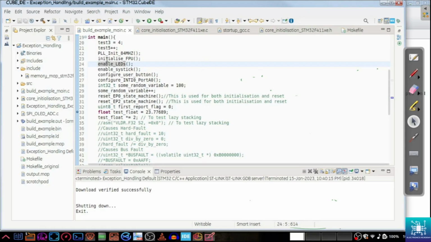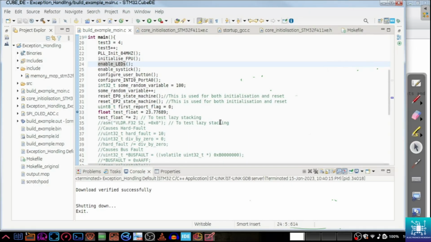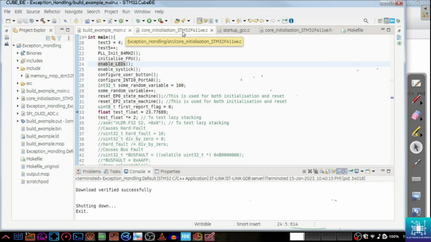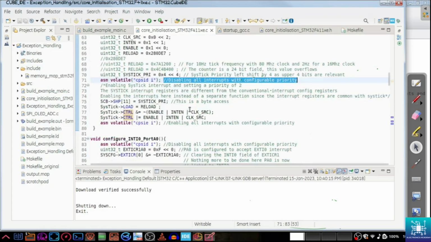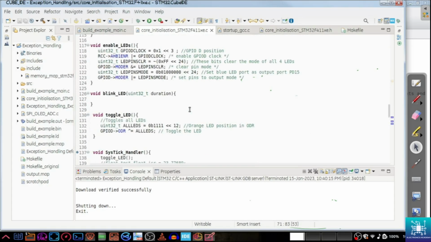So now once we have configured the Systick, we have to go and actually write the Systick handler. Now Cortex-M4 makes it extremely easy to actually write the Systick handler. So now let us have a look at the Systick interrupt, and it's very easy to write the interrupt because it is just like any other function here.